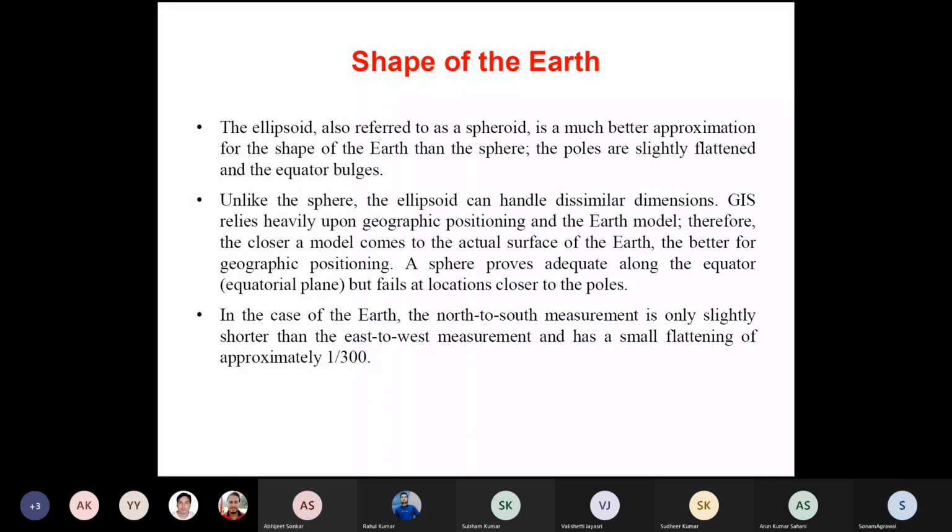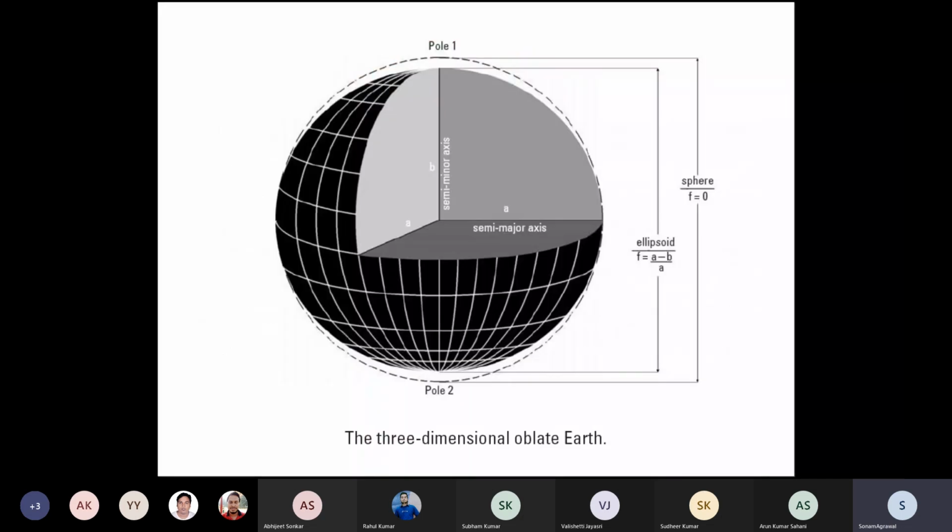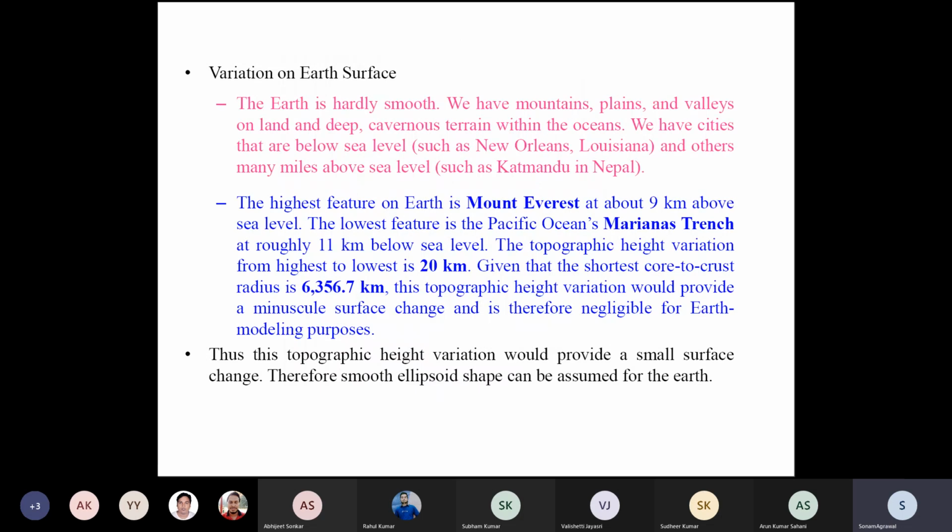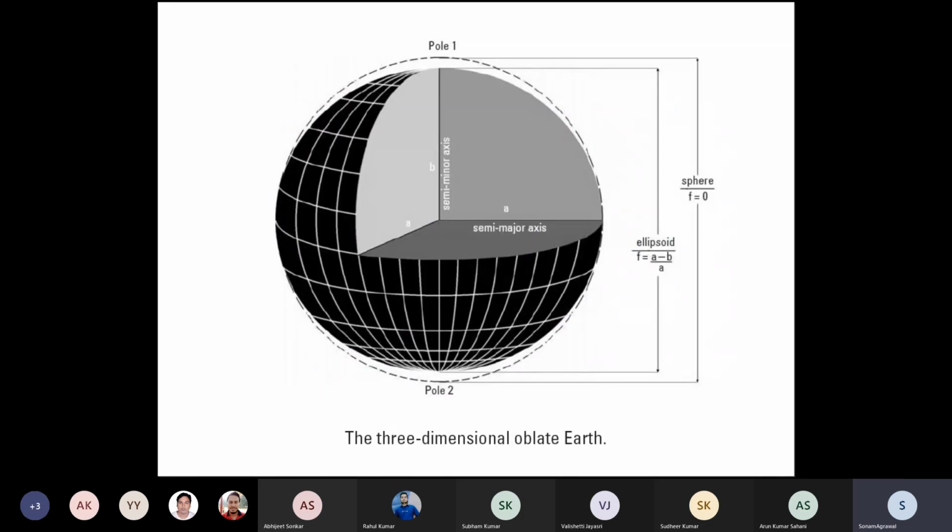Okay. This particular figure is giving you a rough idea about the three-dimensional surface of the Earth. So if we talk about the surface of the Earth, there is a semi-minor axis. So this axis from pole 1 to pole 2 is called the minor axis because the length is comparatively shorter than the east to west equatorial axis.